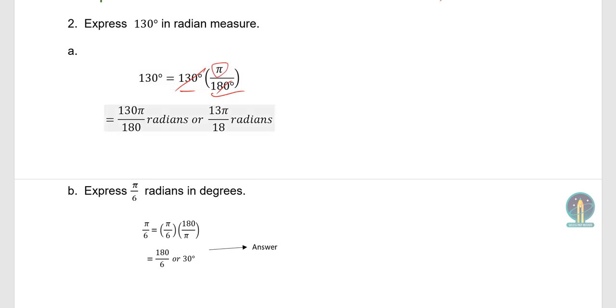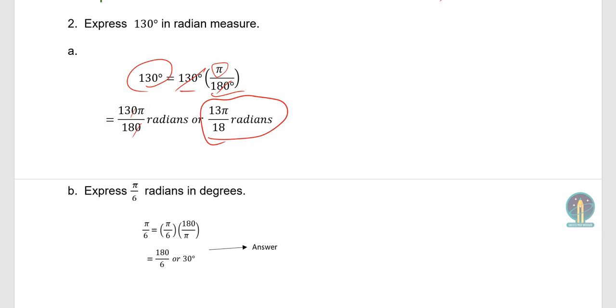So 130 divided by 180, cancel the zeros, is simply 13 over 18, I'm sorry, I said 13 over 8. 13 over 18 cannot be simplified any further, so this is the result. So 130 degrees is 13 over 18 pi, or 13 pi over 18, same thing.